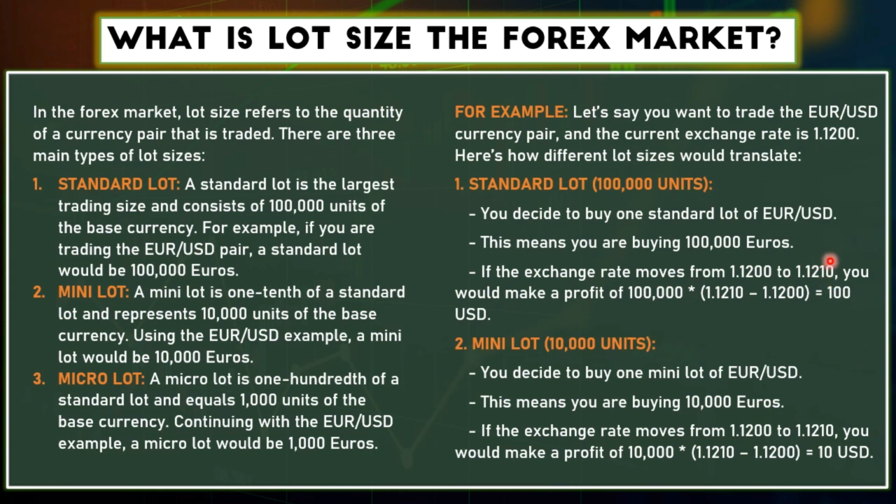Meaning if you have a 10 pip move added to this particular price, you are making $100 by using this 100,000 units of standard lot size.